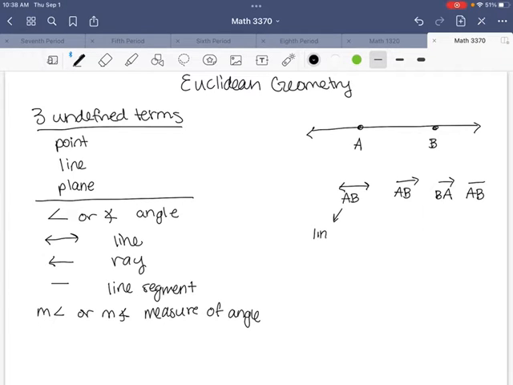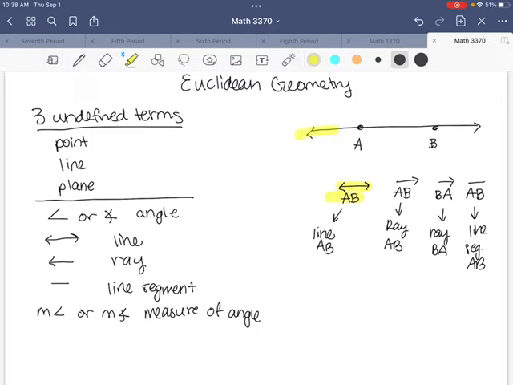This means line AB. This means ray AB. This one is ray BA, which means just the ray going in the opposite direction. And this is line segment AB. So let me highlight those different ones. If we're talking about line AB, we're talking about the whole thing forever and ever, extending in both directions and never stopping.